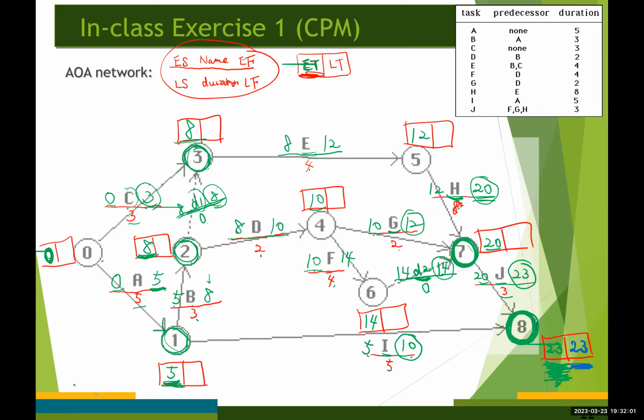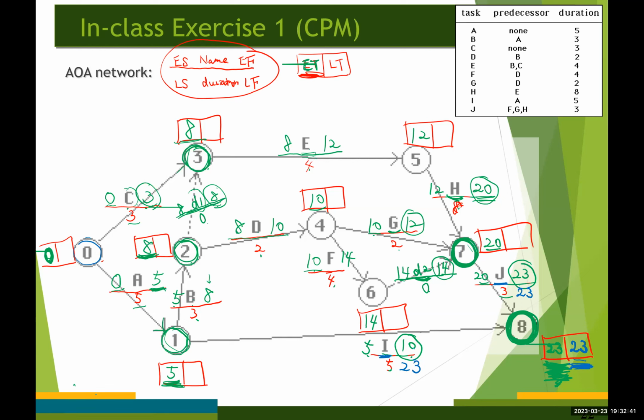Now we can begin with the backward computation, right? Starting from event number 8 all the way to event number 0. So the latest finish time for activities J and I becomes 23. So we have 23 and 23.